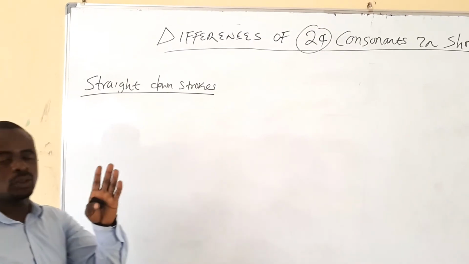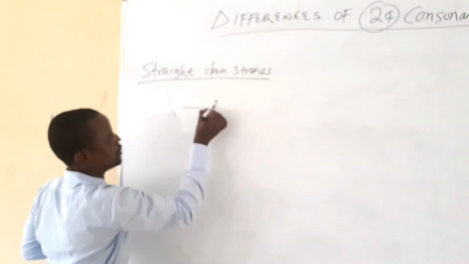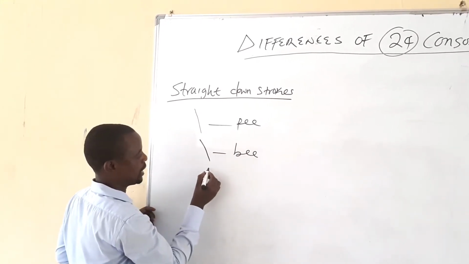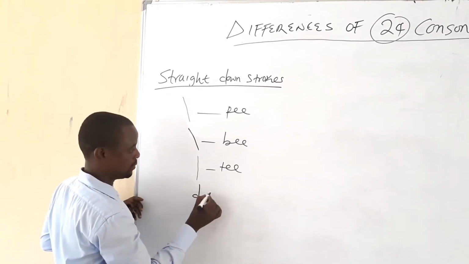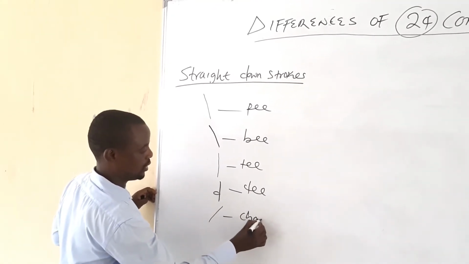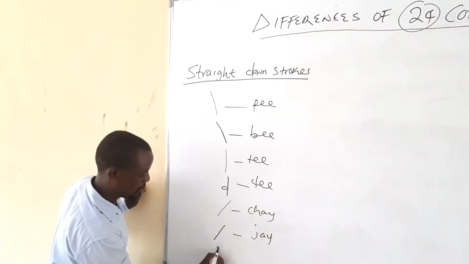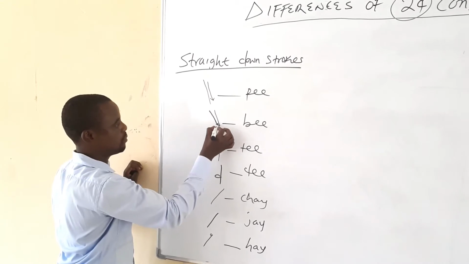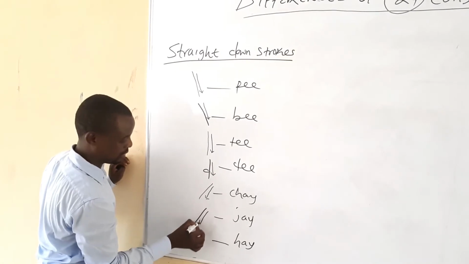In shorthand we have some strokes which go straight down, like P, this is P, then we have B, this is B, then we have T, this is T, then we have D, then we have J, this is J, then we have H, this is H. So you can see all these strokes are written downwards, and they are straight.